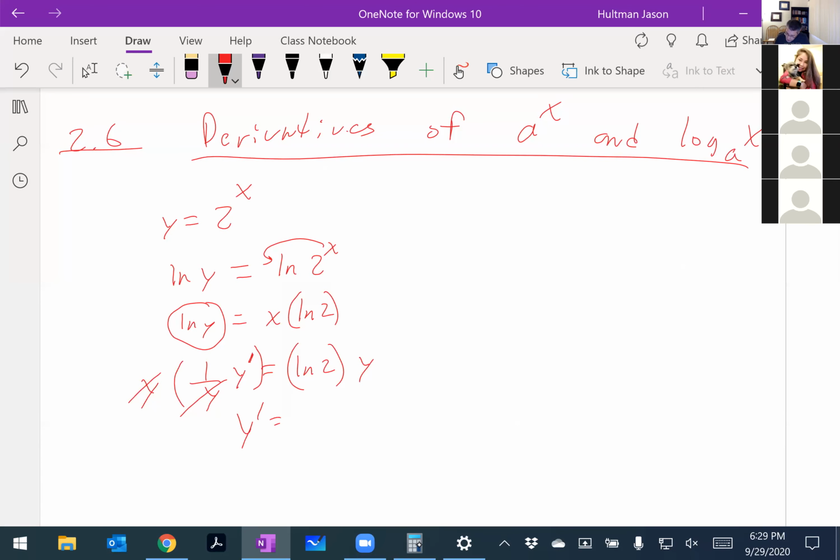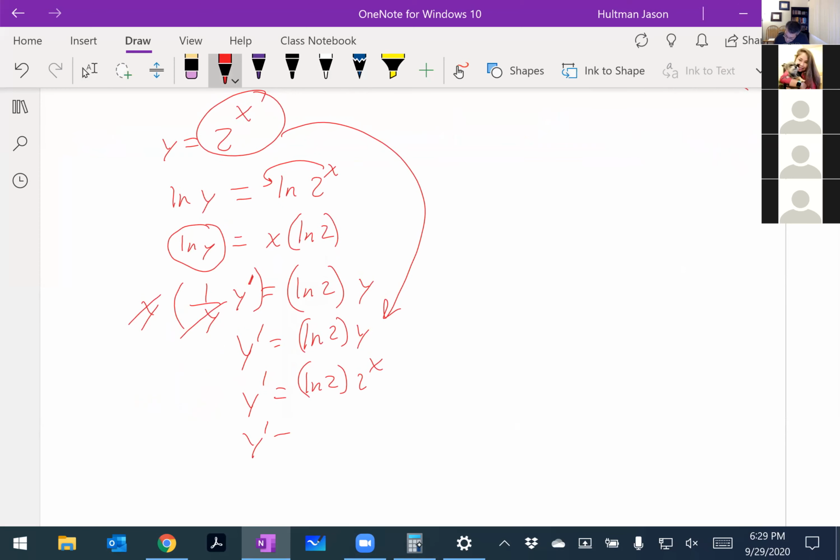And I get y prime equals natural log of 2 times y. But what was y? y was just 2 to the x. So this becomes y prime equals natural log of 2 times 2 to the x, or y prime is equal to 2 to the x natural log of 2.